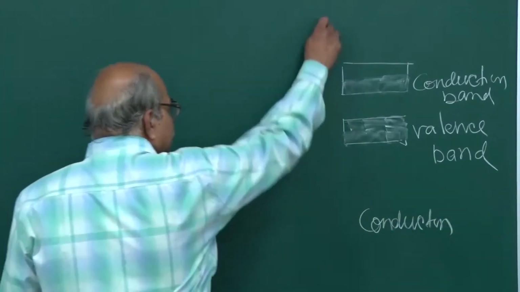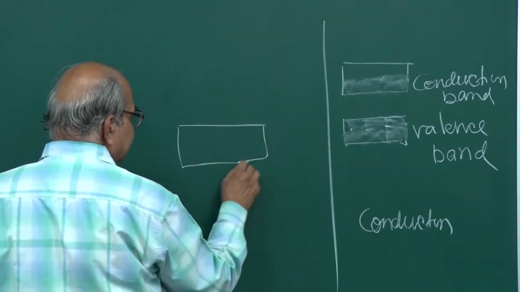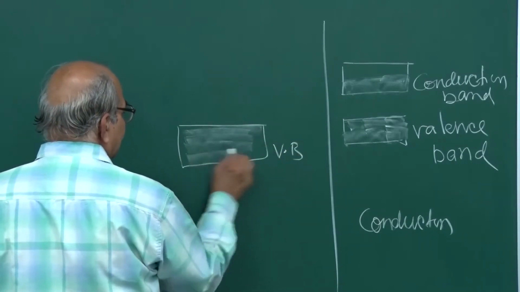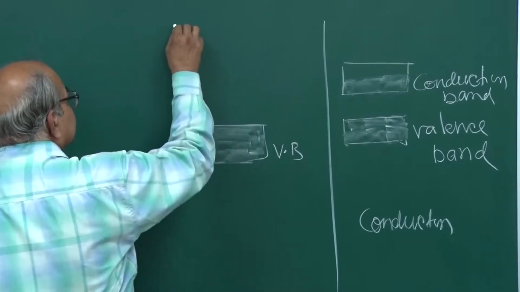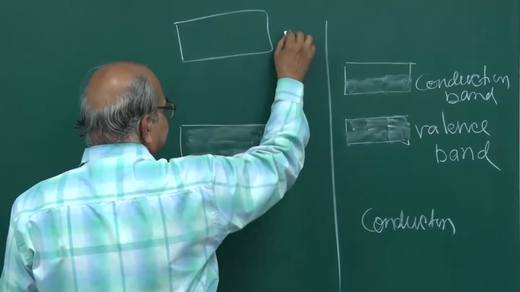Then you have another kind of material where you have a valence band. By definition it is completely filled, so this is completely filled. And then you have a conduction band, and this conduction band is completely empty.